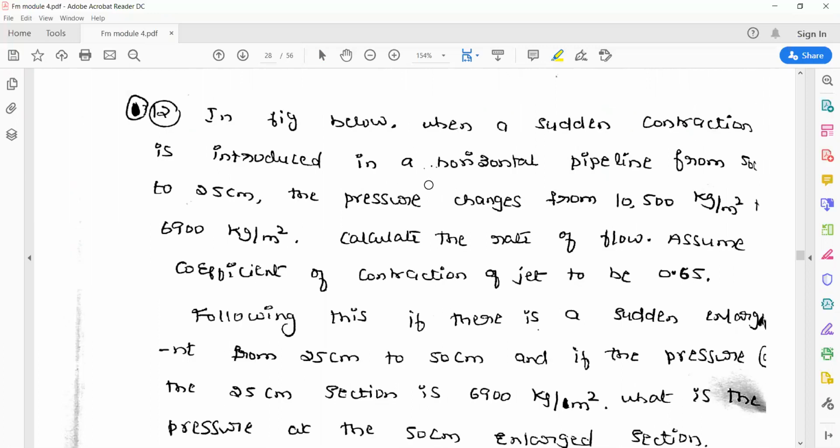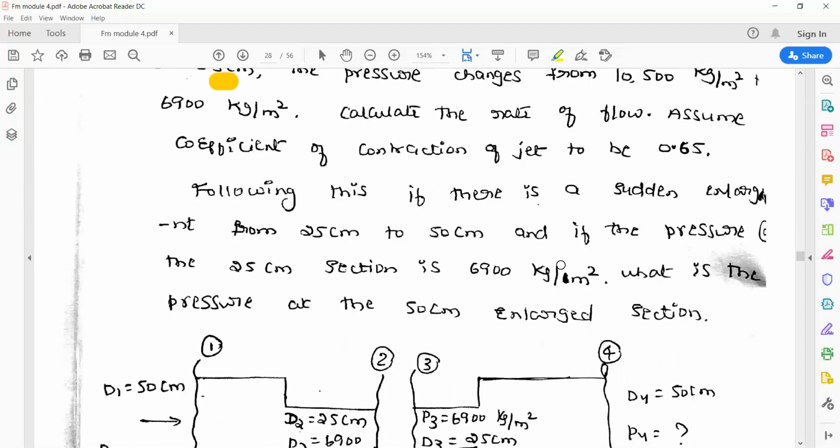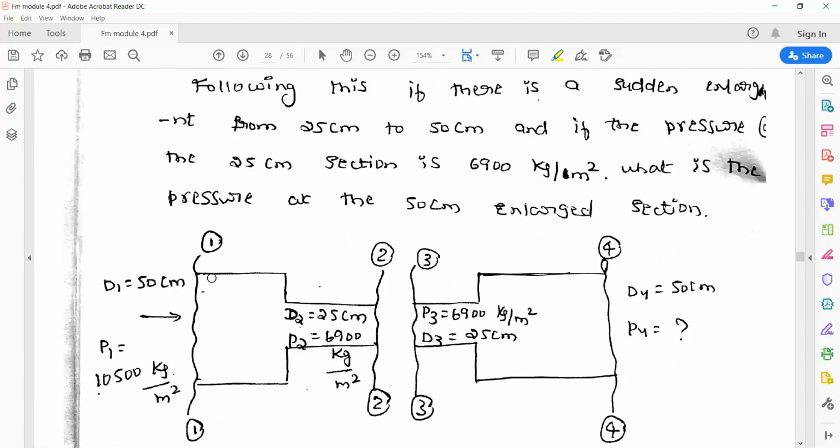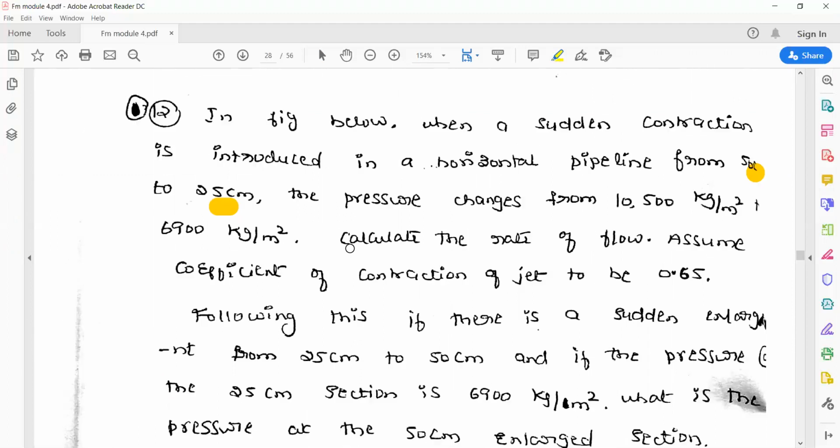So there is a sudden contraction in a horizontal pipeline from 50 centimeter to 25 centimeter. You can see here the 50 centimeter pipe, and the fluid is entering the 25 centimeter pipe, so the diameter of the pipe is getting reduced. D1 is 50 centimeter, D2 is 25 centimeter.